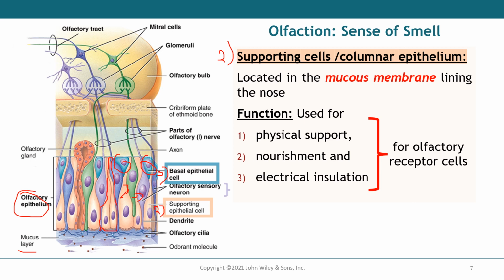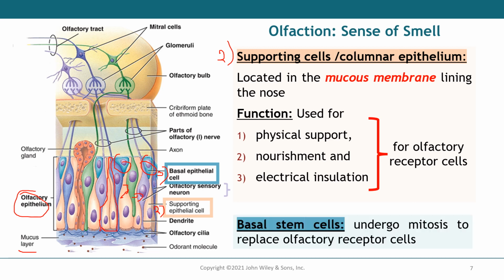They are always helping those. This is why they are called supporting cells, because they are supporting the olfactory receptor cells. Now, the third type of cells are basal epithelial cells or basal stem cells. Their main function is to undergo mitosis and replace the olfactory receptors when they are needed.